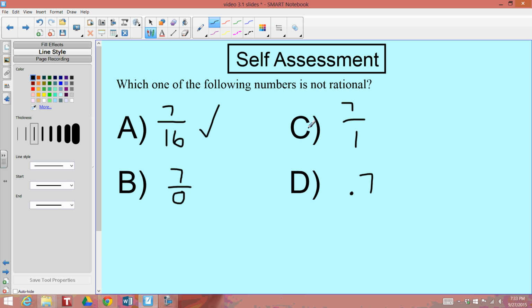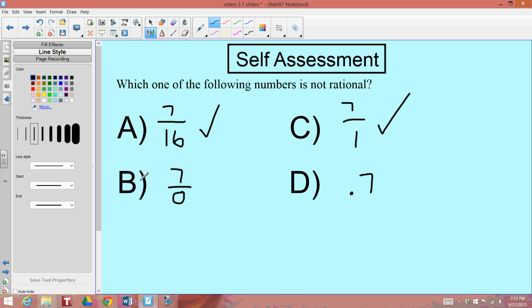Let's look at C. C is 7/1. 7/1 is equivalent to 7 wholes. 7 wholes is written as 7/1. The numerator is an integer, the denominator is an integer, and the denominator is not 0. So it hits all of the items for rational numbers. Therefore it is.